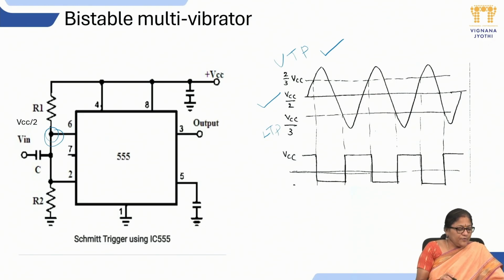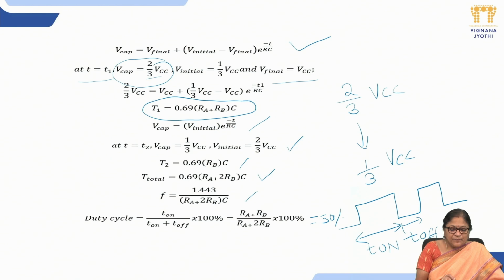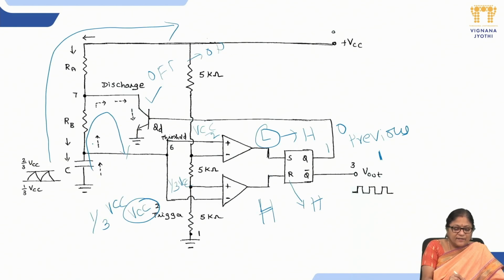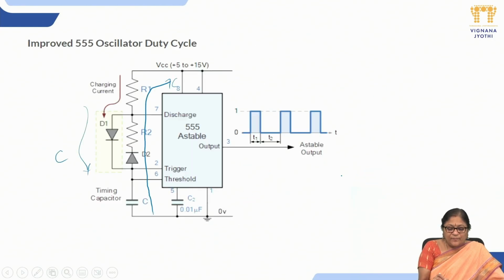The trigger and threshold comparators function such that the output is 0, and if it is taken through an inverter, the output will be 1. So initially it is VCC by 2, it is low, low means output is 0, and through an inverter it makes the output 1.